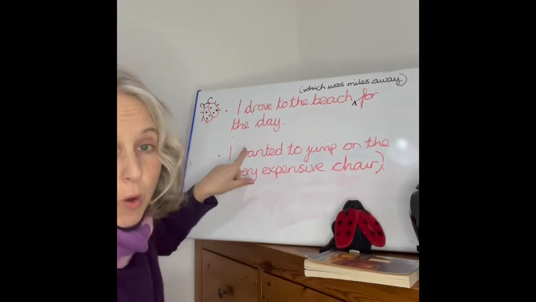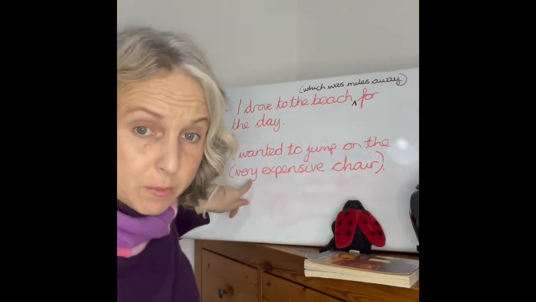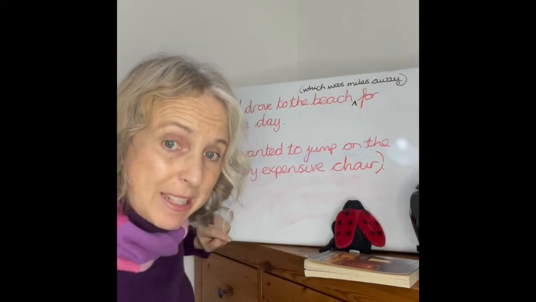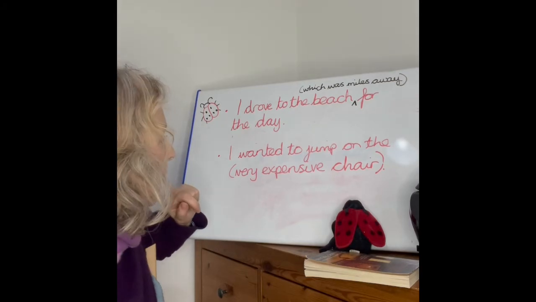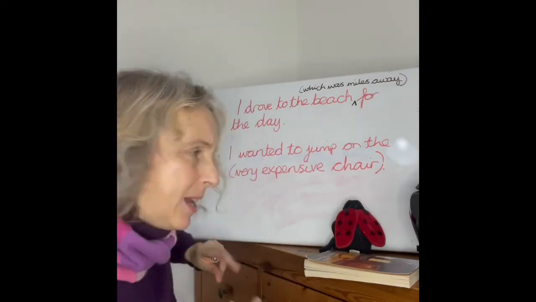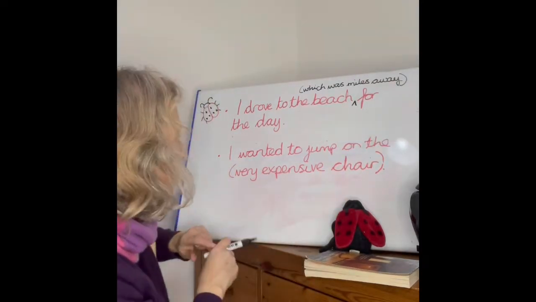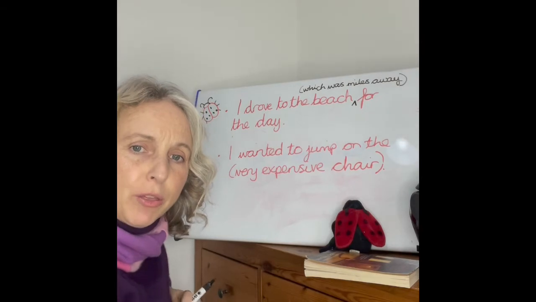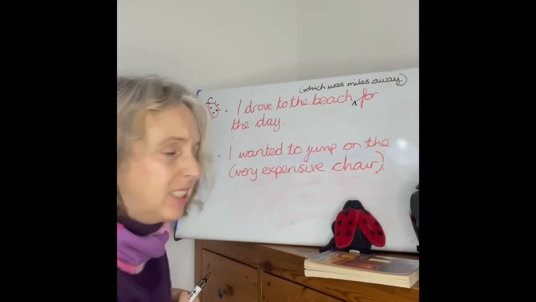The second one, I wanted to jump on the, and then she's put in brackets, very expensive chair. Now, she's not at the moment given us any extra information to the sentence, because if we take that bracket away, let's listen to what we've got. I wanted to jump on the. Doesn't make sense, Betty.